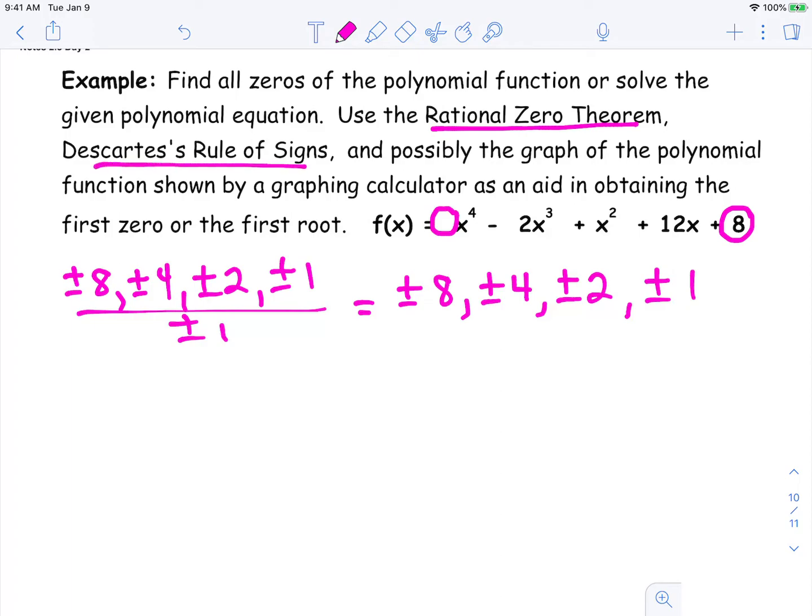Now if we use Descartes' rule of signs, we could see how many possible positives there might be. So we're going to start with the original function and watch the sign changes. So we have a positive, a negative, a positive, a positive, and a positive.